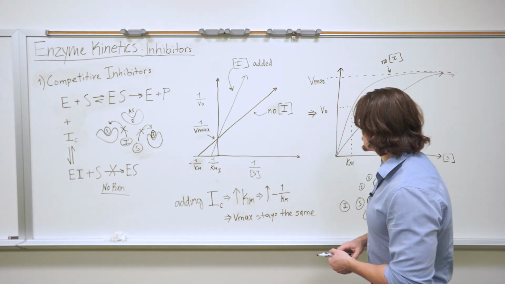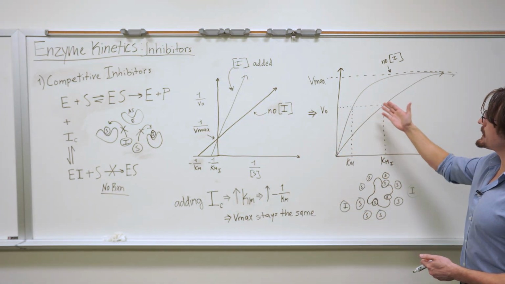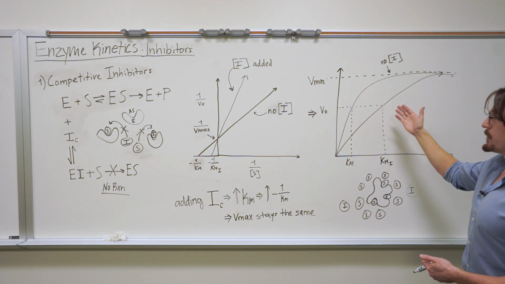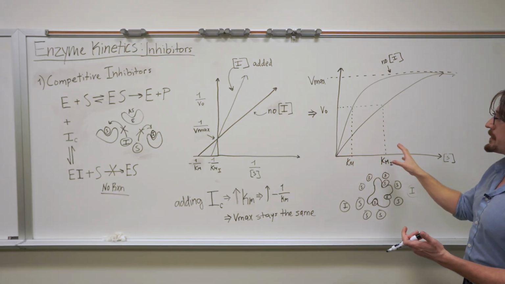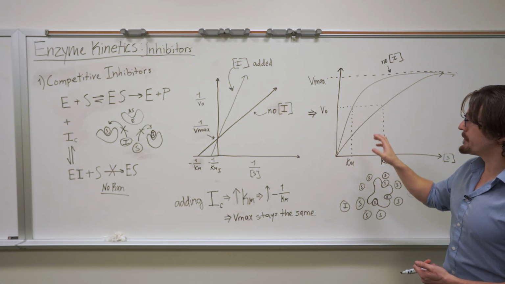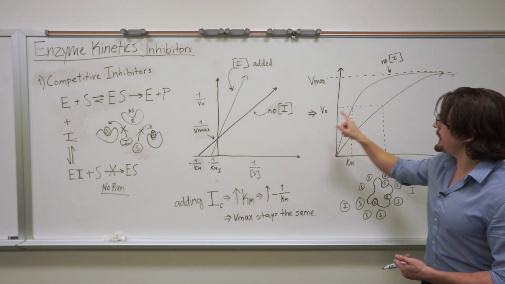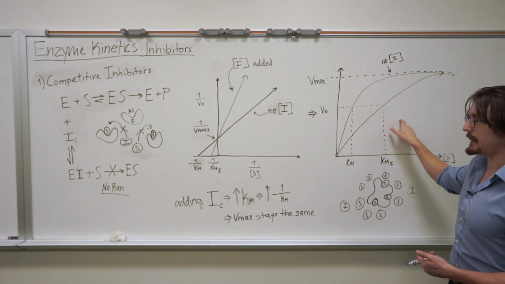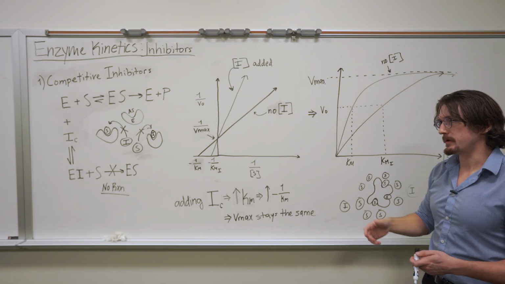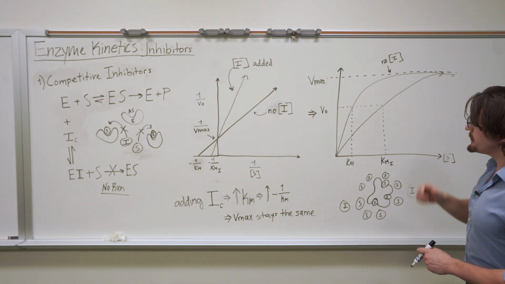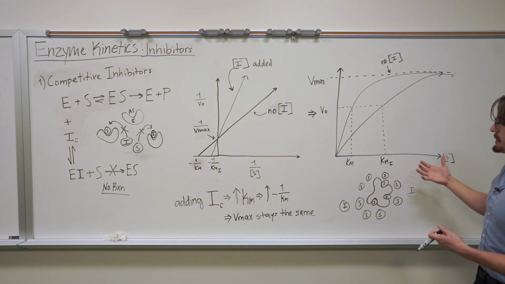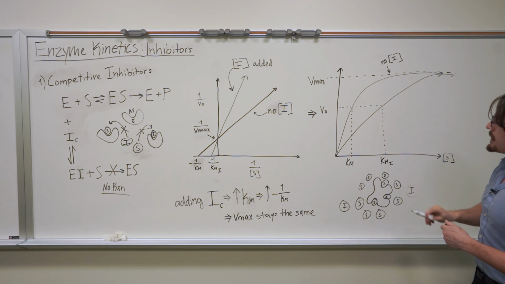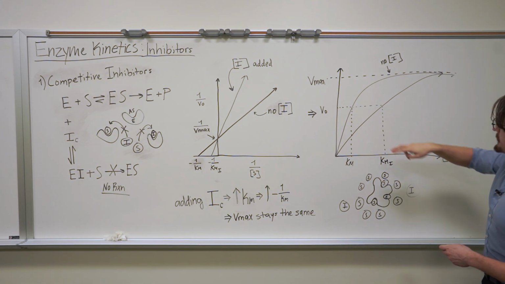Okay, so now let's take a look at what the Michaelis-Menten graph would look like if you had a competitive inhibitor. Because for the MCAT, it's really important you be able to recognize what both the Lineweaver-Burk plot and the Michaelis-Menten graph look like in the presence of different classes of inhibitors. So since we've established that with a competitive inhibitor, the Km increases, but the Vmax remains the same, we can see that with this Michaelis-Menten graph.